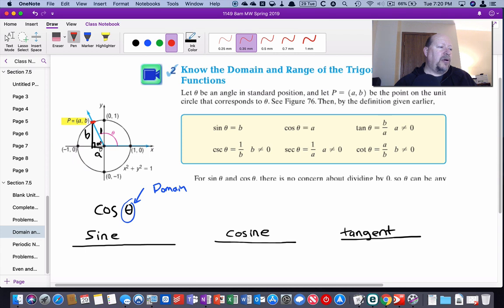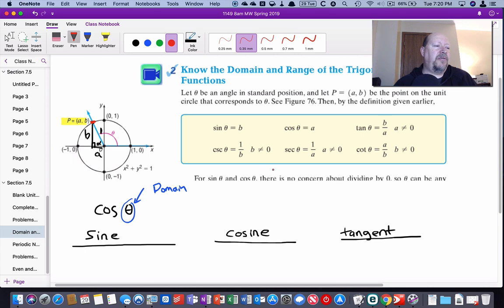Well, why is that? If I use the reference triangle here, we'll use the angle alpha to help come up with this. So opposite over hypotenuse would be b over 1. And since our radius is 1 on the unit circle, b over 1 is b.